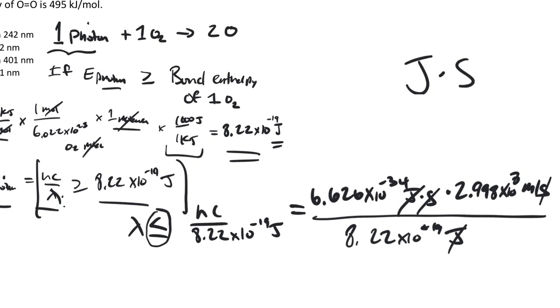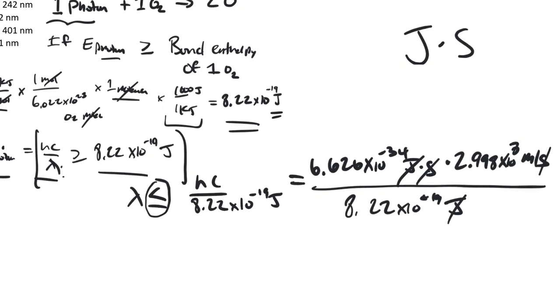So if we do this calculation, I get 2.42 times 10 to the minus 7.